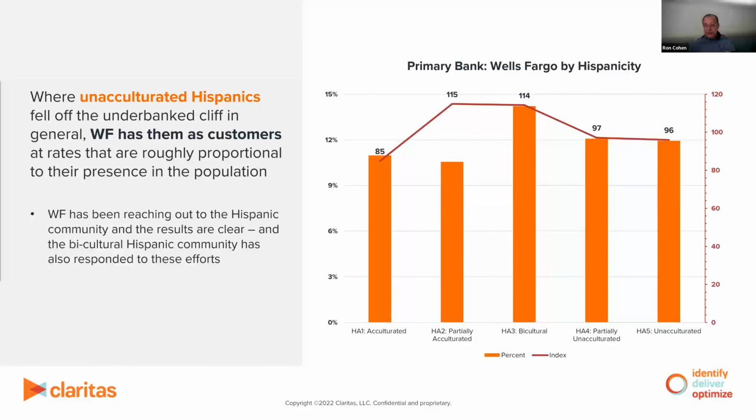They've done an excellent job filling that underbanked gap right here. And it's paid off. Bicultural Hispanics are also over-indexing for Wells Fargo. It's an effective strategy that they've deployed, targeting unacculturated Hispanics in Spanish with themes, and it's working for everyone except the highly acculturated Spanish market, which is more like the general market anyway.